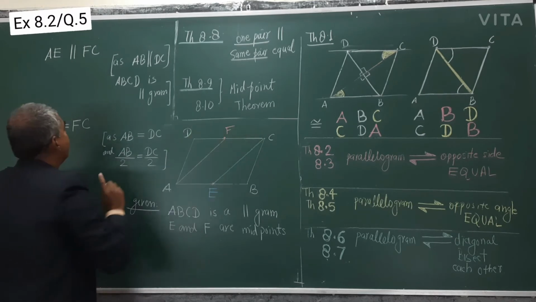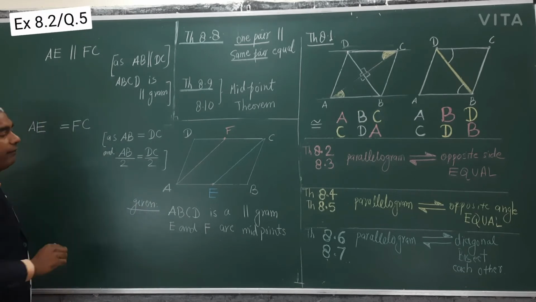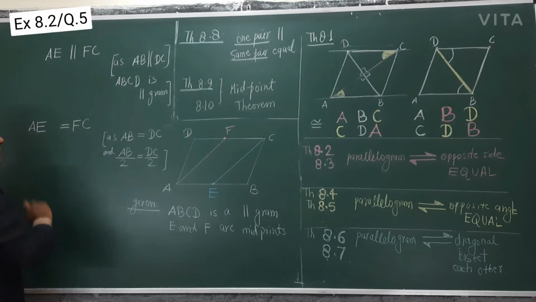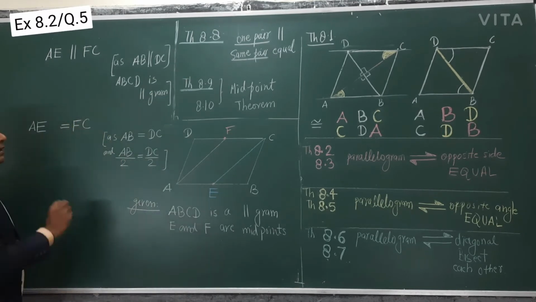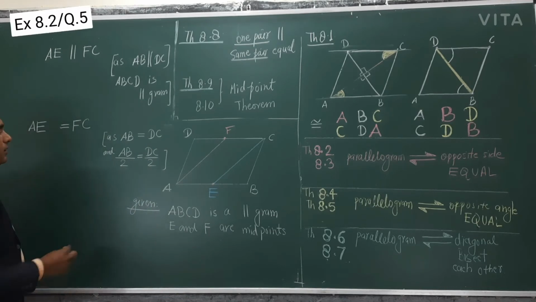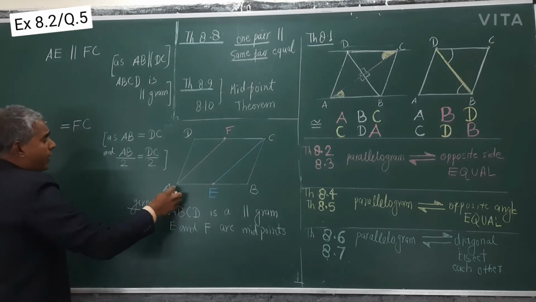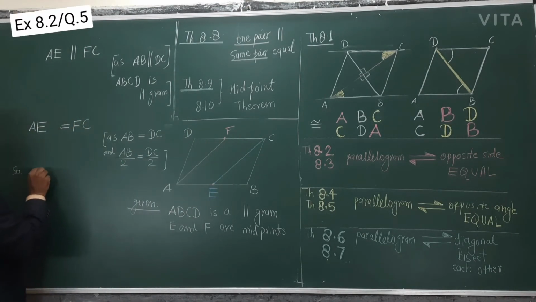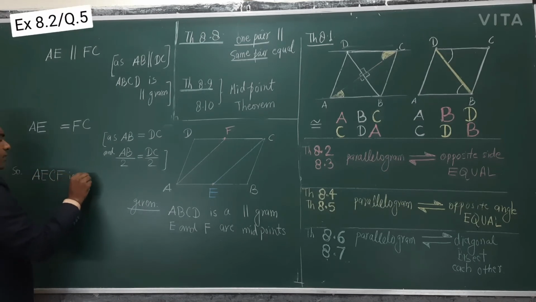So having these two, AE parallel and AE equal, theorem 8.8, one pair parallel and the same pair equal. So AECF is a parallelogram.